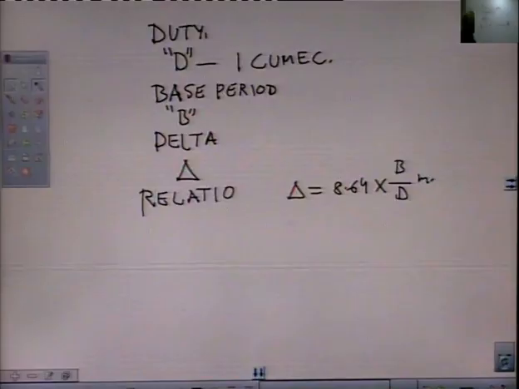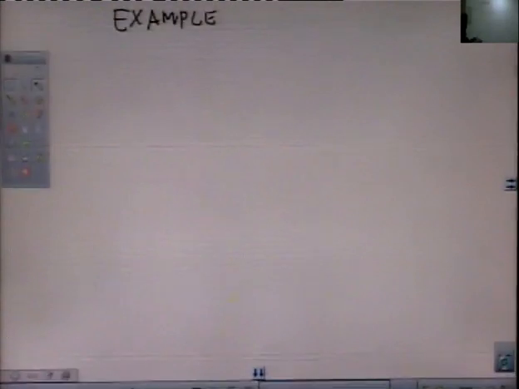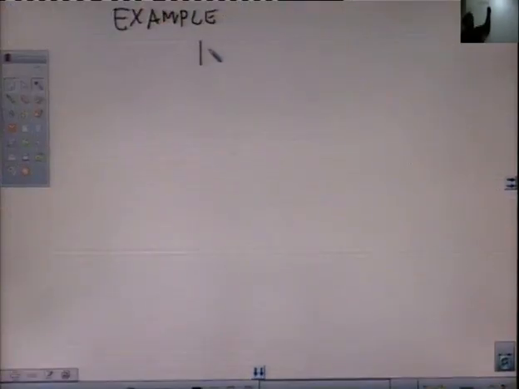Then we will pick up an example. Example: the duty of canal for tobacco crop is assessed to be 1400 hectare per cumec.